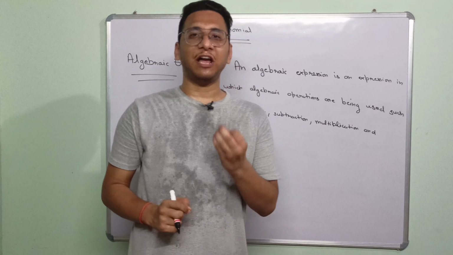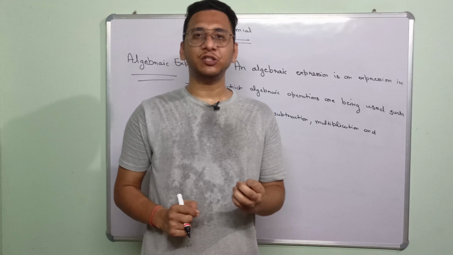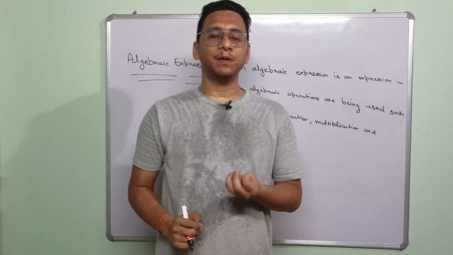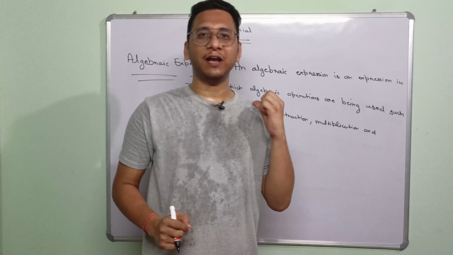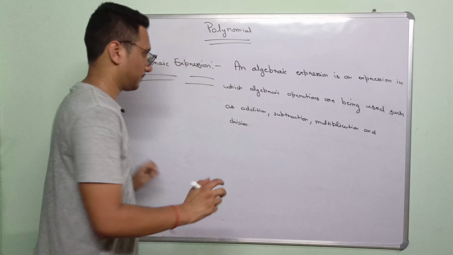For example, 5 cross 3, 5 divided by 3, any such example can be used for defining algebraic expression.